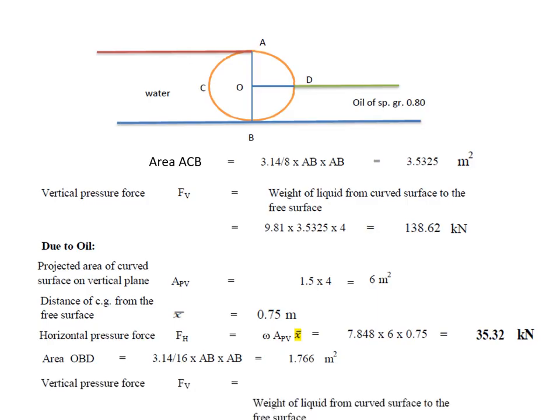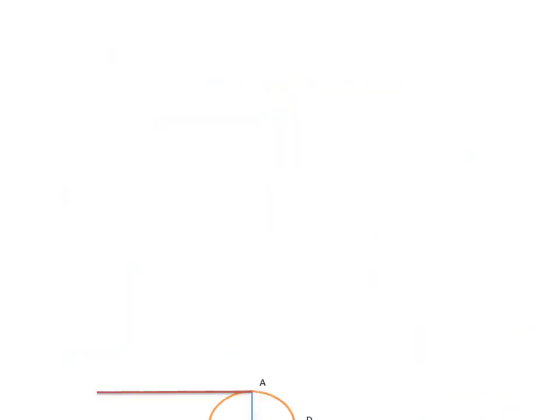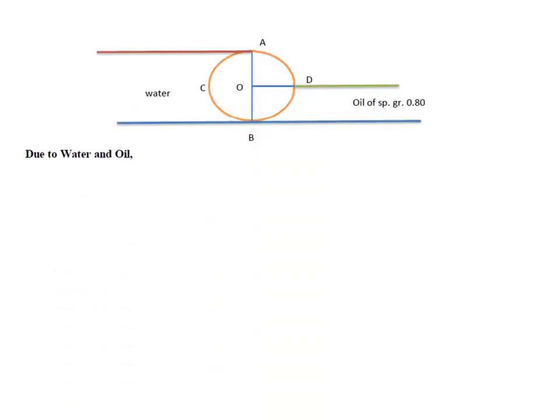It is specific weight, which is 7.848, into area, which is 1.766, into length, which gives the volume into specific weight. So that is 55.44 kilonewtons. Like this we are able to find these, and now you can combine them. Due to water and oil, the horizontal pressure force which is acting due to water is 176, which acts in this direction, and for oil it will be acting in the opposite direction. So it is minus, therefore we get 141.26 kilonewtons.